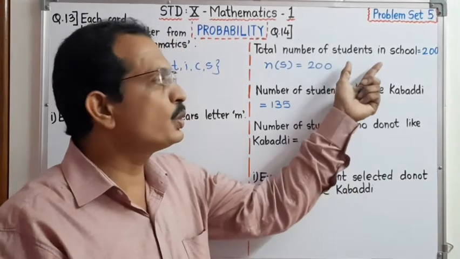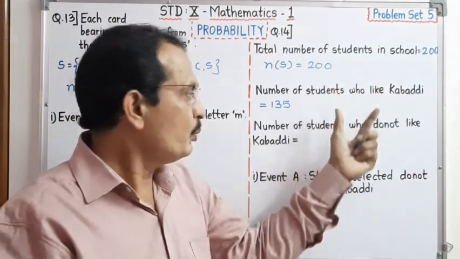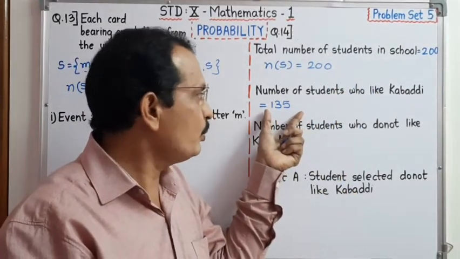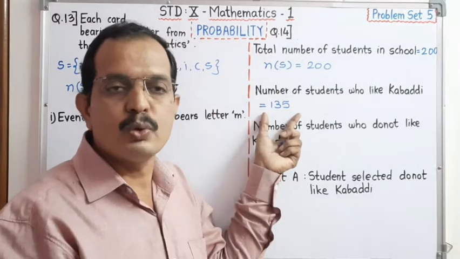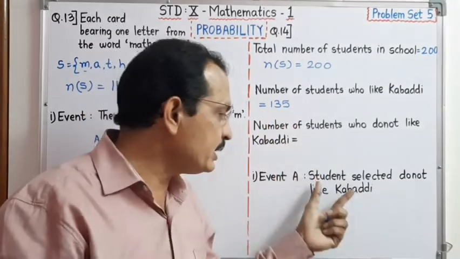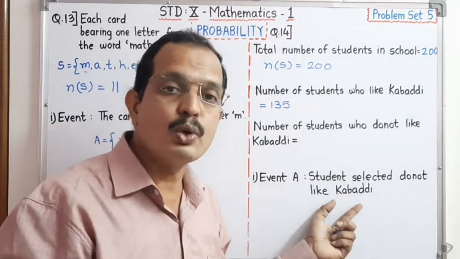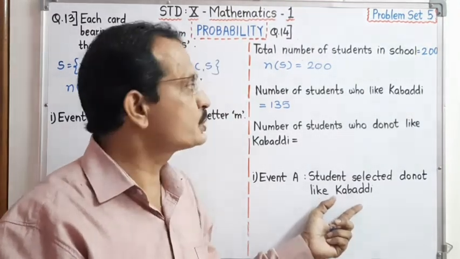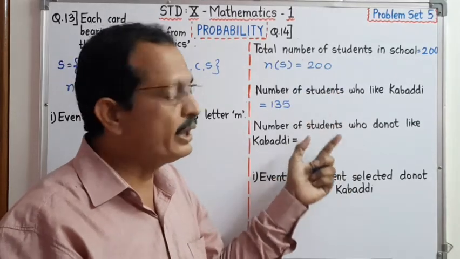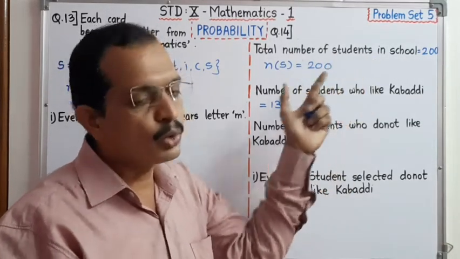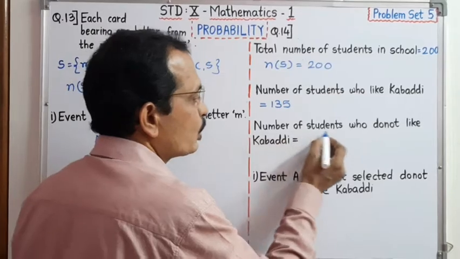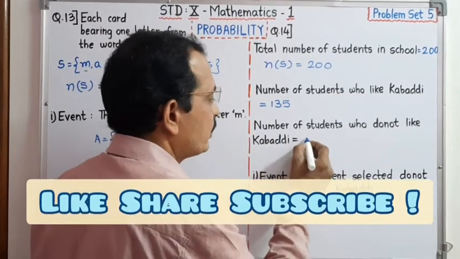Dear student, we know the total students, and we know the number of students who like kabaddi. For getting this probability, we must know the number of students who do not like kabaddi. Therefore, first of all, we have to find that number.